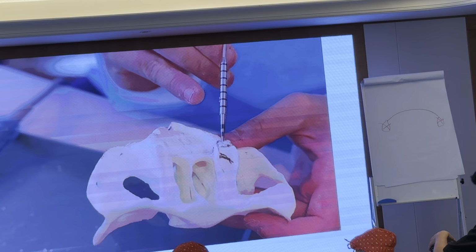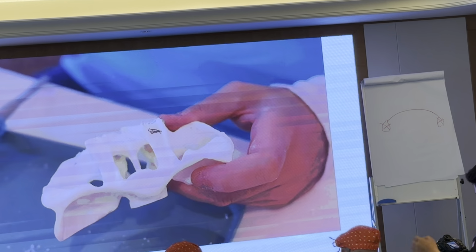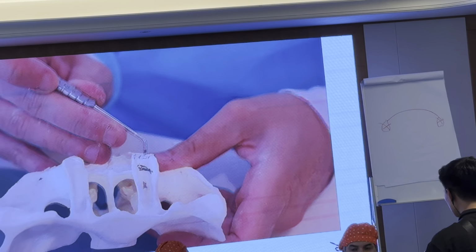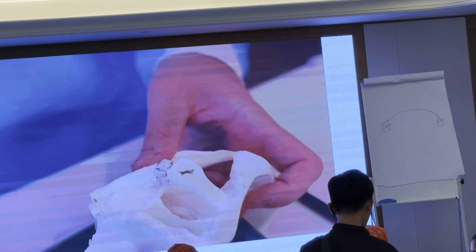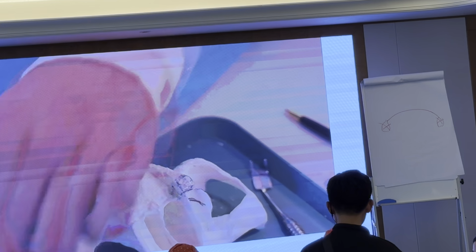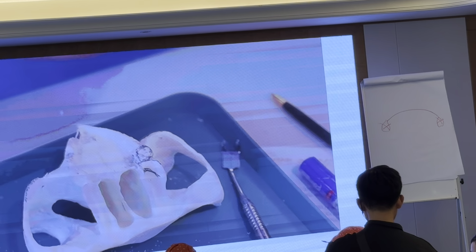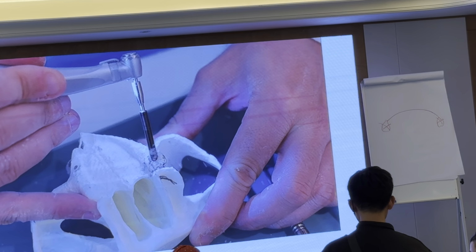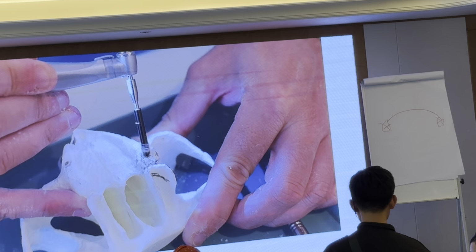I am inside the pterygoid fossa. You see? Perfect. Then we enlarge the most coronal part at 3.2. So I point my bur and I enter, and I enlarge only the first 6 millimeters.